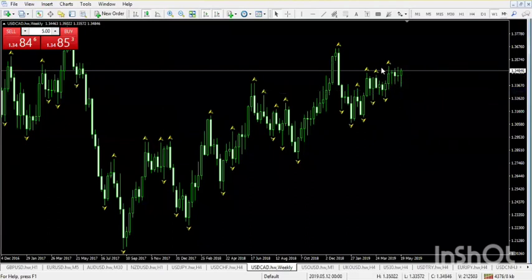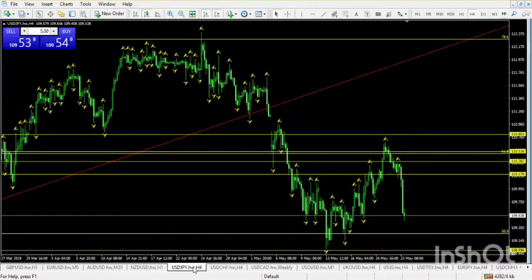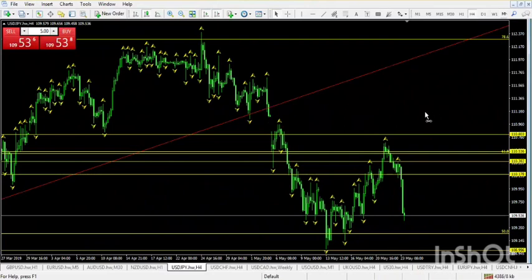For example, in the C80 chart, you see several candlesticks next to each other, so we have a sideways trend. It's not an appropriate chart for trading. You can trade on this chart and your USD JPY.